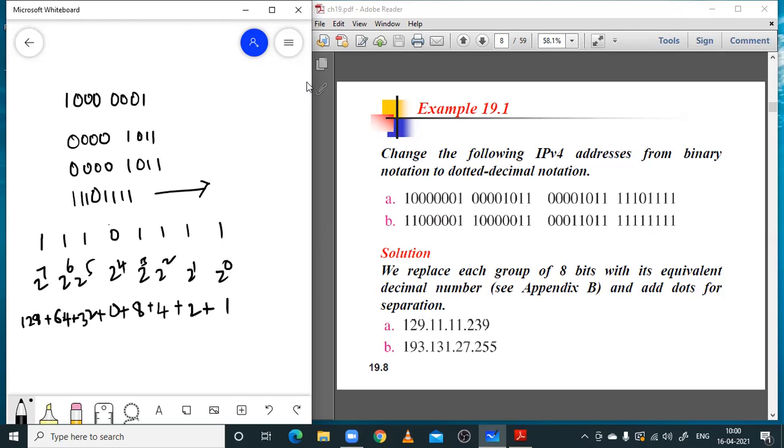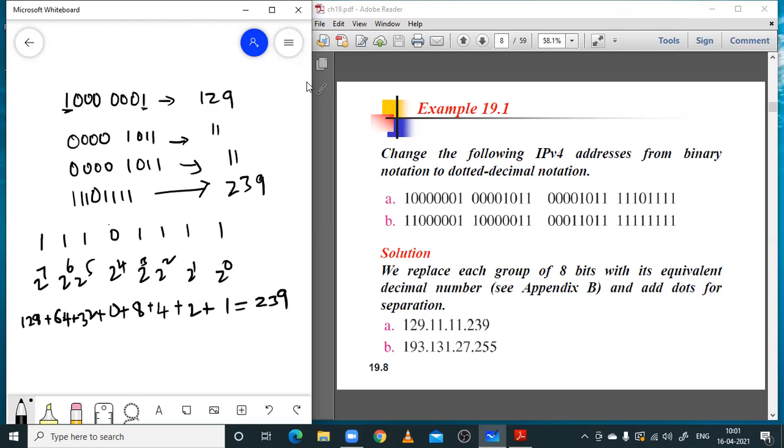Okay, when we add all these numbers, we get one value, that is 239. So 239 is the decimal number, and here it is 11, and here it is 11, and coming to this one, this is 128 and this is 1. So 128 plus 1 is 129.